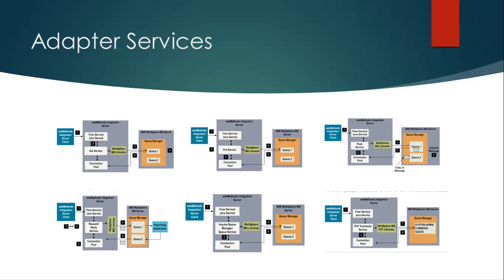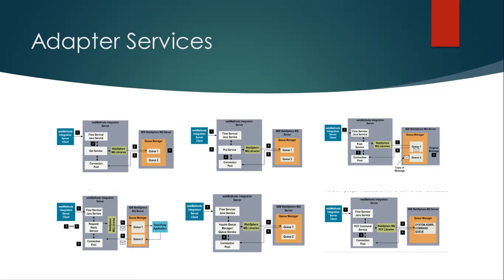In the get adapter, what we'll be using is the integration server or client. They will invoke the integration server. So if someone wants to get the data, they'll use the get service to invoke the adapter.